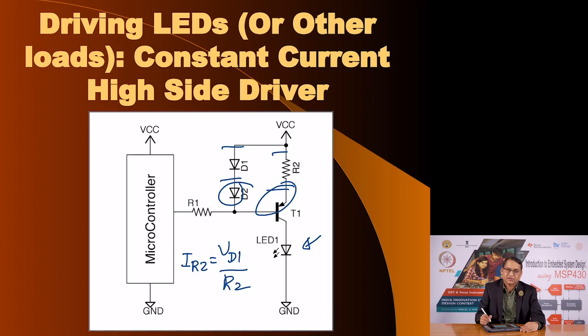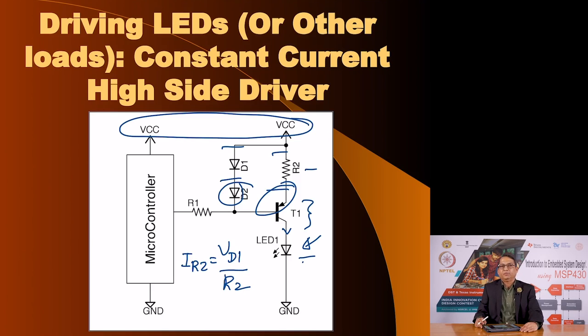If the beta of this transistor T1 is large enough, the same amount of current will flow through the collector, and it will be a constant current irrespective of the voltage here, as long as this voltage is above the sum of this plus sum of this plus a little bit of voltage to keep transistor T1 in active region, you will continue to power LED 1 using a constant current source.